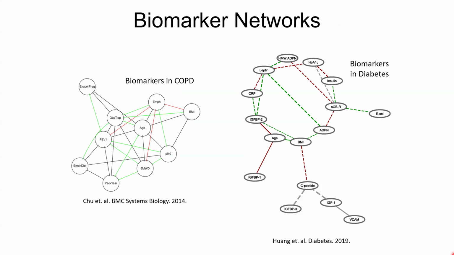On the right, similar approach, except this was based on mutual information, and the biomarkers are in the context of diabetes. And you can see that there are sometimes in which the different biomarkers are connected, and the different colors, dashed lines, etc. represent different contexts where there is a high level of mutual information between these biomarkers in one context compared to another.